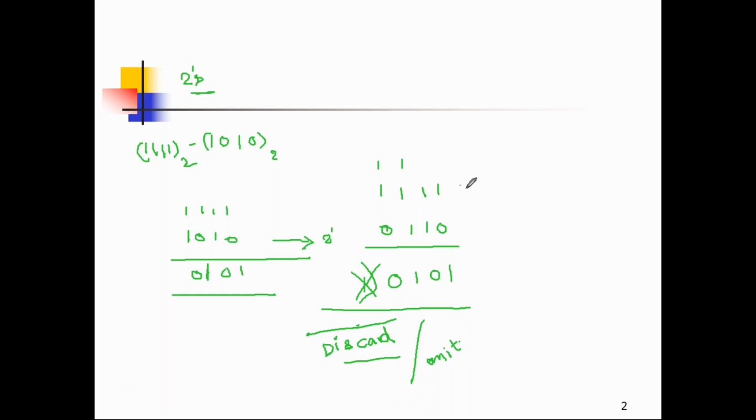The largest number is taken as it is, the smallest number's 2's complement is taken, then add both. Under that process, in case any carry is generated, you should omit that carry. That's all. Okay, in this any doubt?